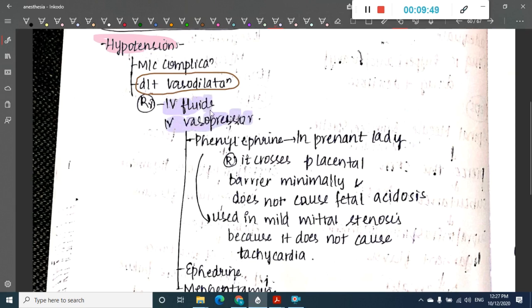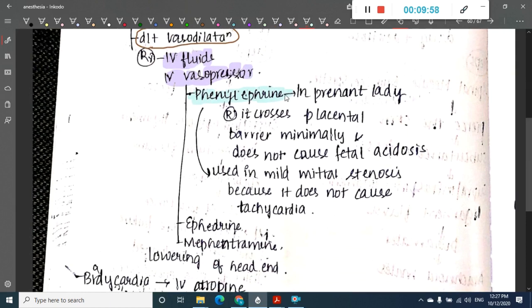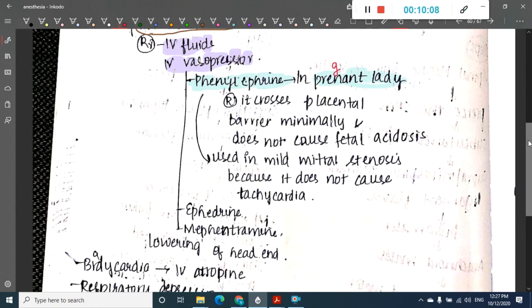In the vasopressors, you should always think of giving phenylephrine. This phenylephrine can be given in pregnant women, because it crosses the placenta minimally. When compared to all the other drugs, it has minimum capacity to cross the placenta, and as a result it does not cause fetal acidosis.